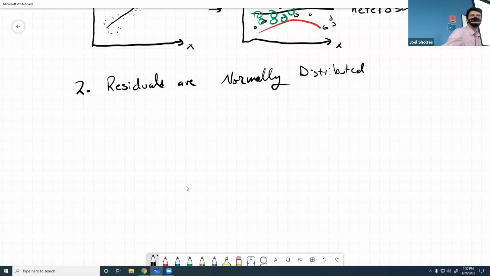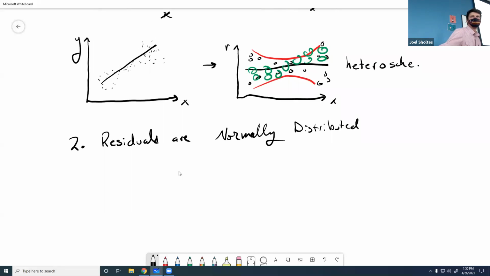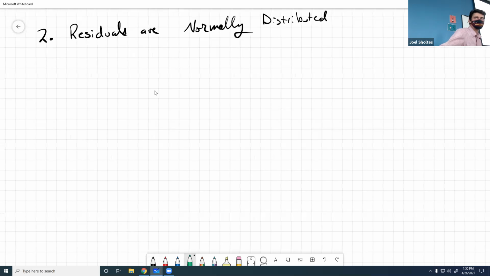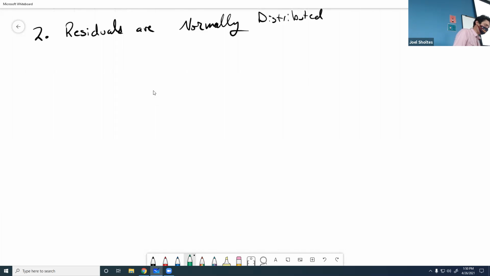If I go back here and take a slice across here, and I look at the spread of my residuals, for a given slice of X, are they normally distributed for that X? A lot of the tests we do assume that, in fact, they are, and they're symmetrical, right?